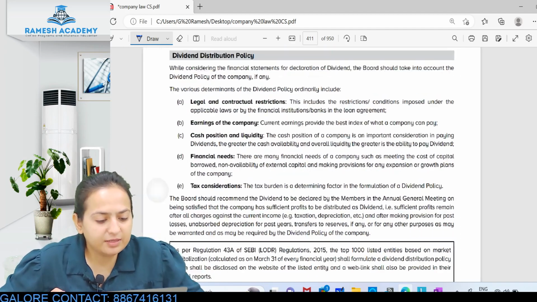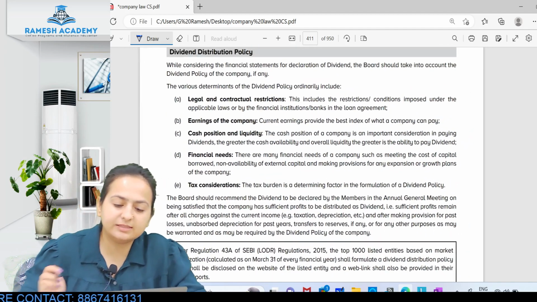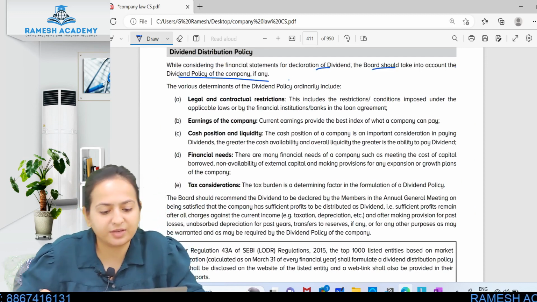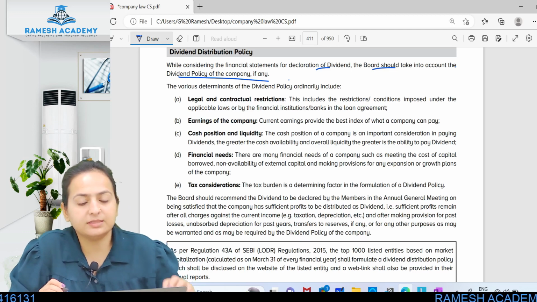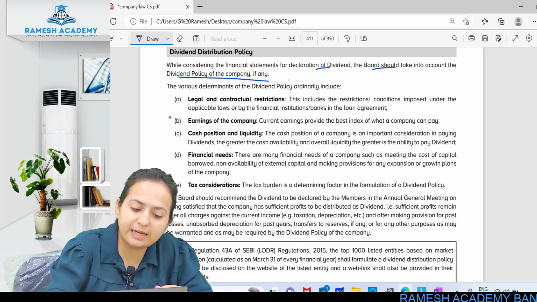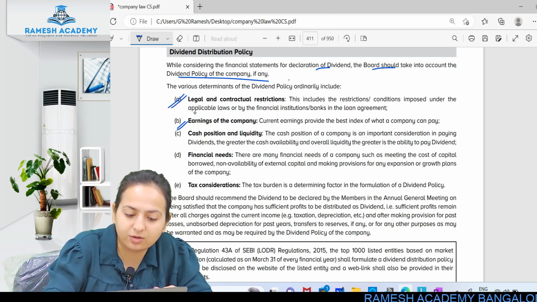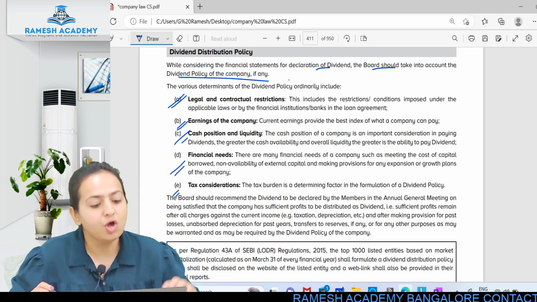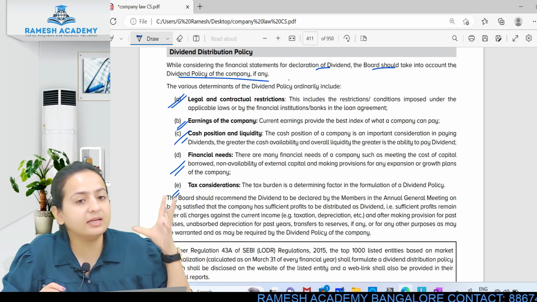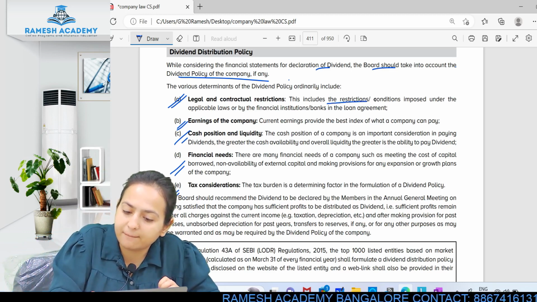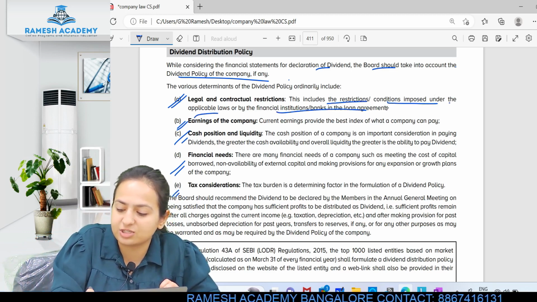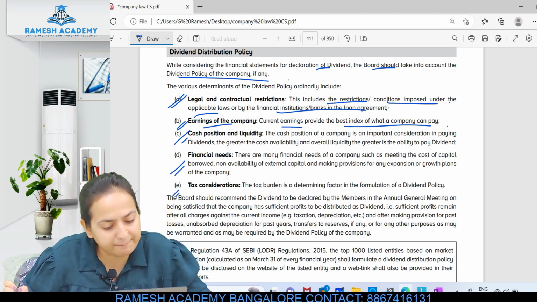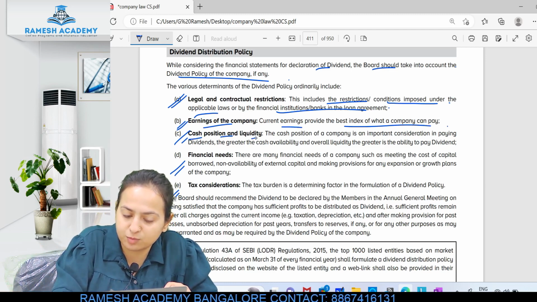Next is the dividend distribution policy. While considering the financial statement, the board should take into account the dividend policy, if any. Dividend policy covers the legal and contractual restrictions, earning of the company, cash position, financial needs, and tax considerations. For example, what are the legal restrictions imposed by your financial institutions? What are the earnings of the company which can be used to pay the dividend?